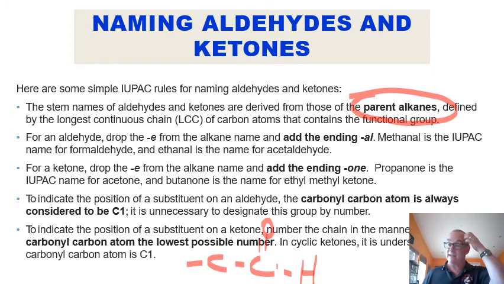And in cyclic ketones, just like with the cyclic alkenes we talked about, wherever the double bond is, remember on a circular alkene, that's carbon 1. Same thing is true if you have a circular alkane and a carbonyl on it. We just assume that the carbonyl is carbon 1, and then every other substituent you would name from there.